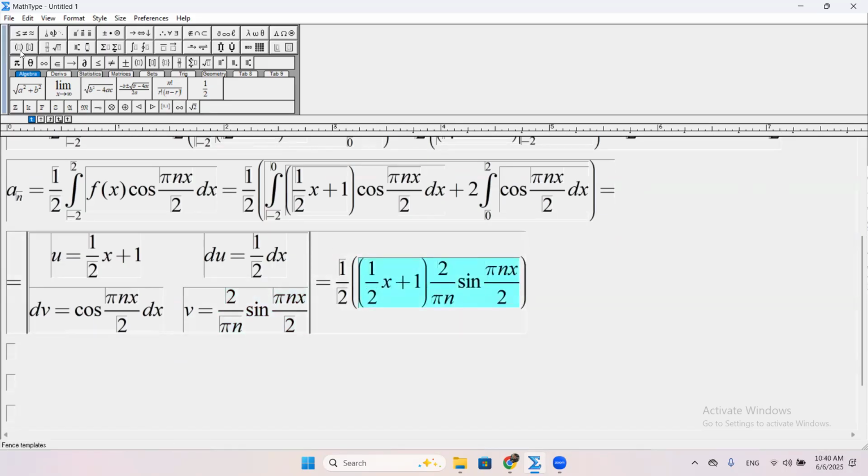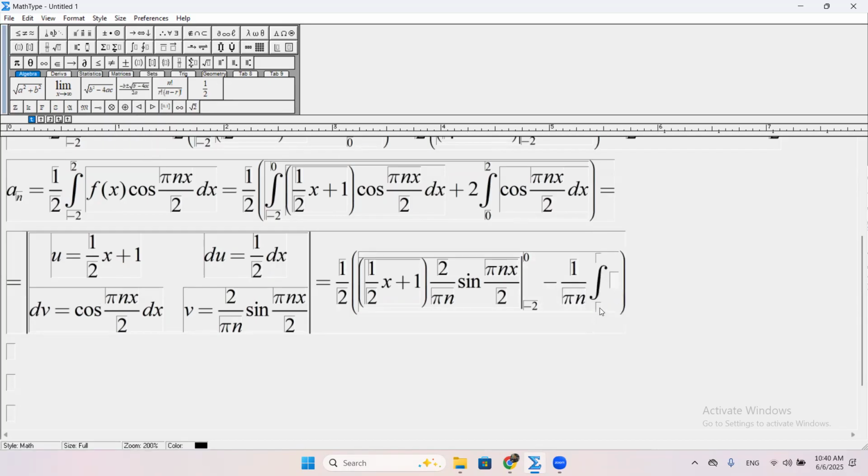So this expression with substitution from -2 to 0, stop, not plus, but minus 1 over P n, because, yeah, so 1/2, so cancel them.